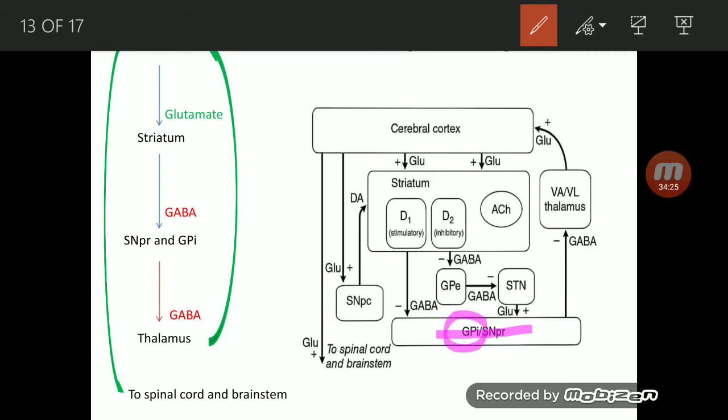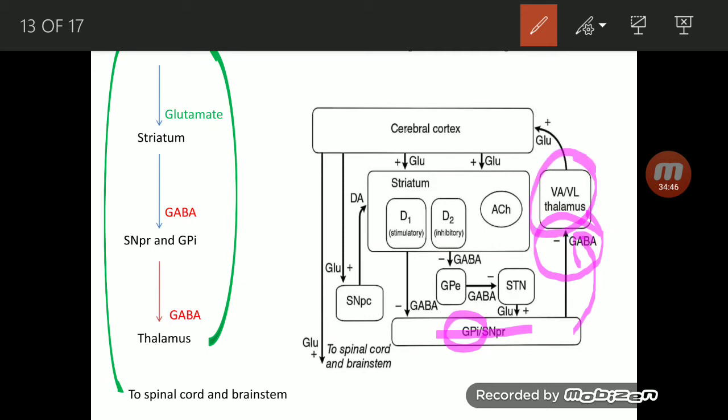One thing is, your globus pallidus interna and substantia nigra pars reticulata are inhibiting your thalamus. They tend to inhibit your thalamus, so it is always checking your thalamus.